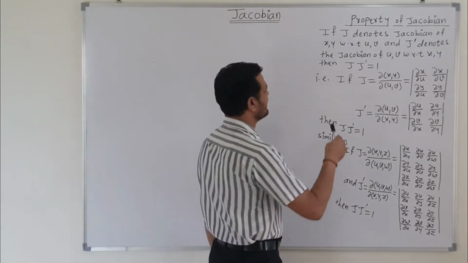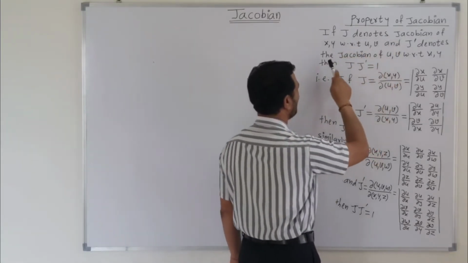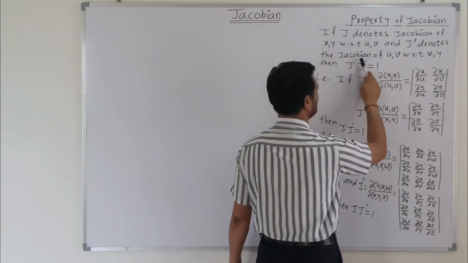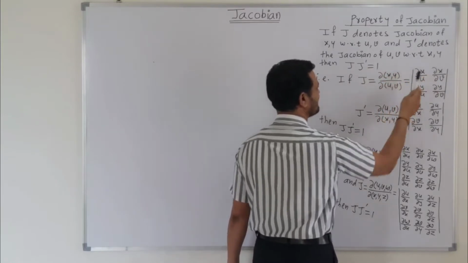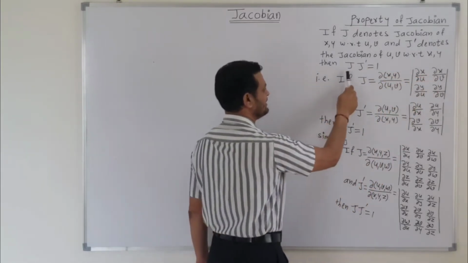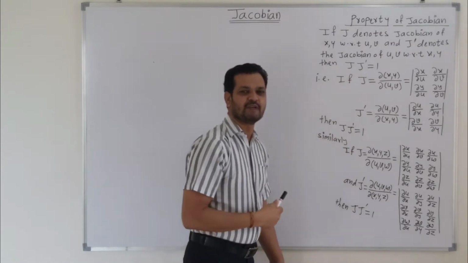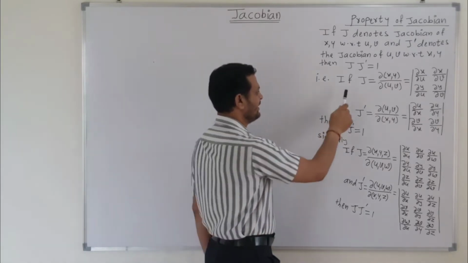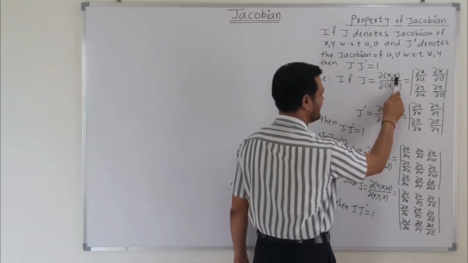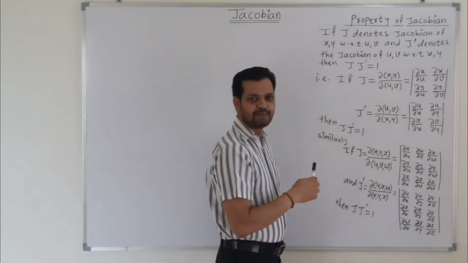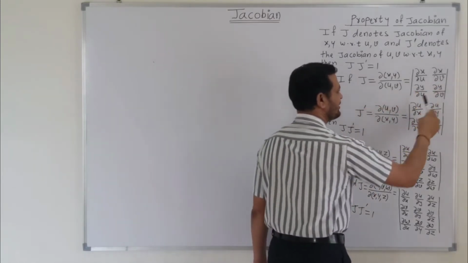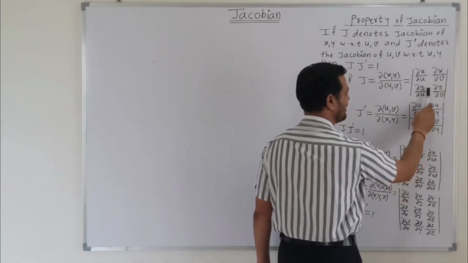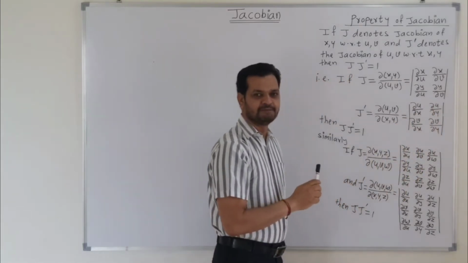This property says that if J denotes the Jacobian of x, y with respect to u, v, and J dash denotes the Jacobian of u, v with respect to x, y, then J into J dash is 1. This is one of the important properties of Jacobian. In mathematical notation, if J is the Jacobian of x, y with respect to u, v, then its definition is the functional determinant of the partial derivatives of x with respect to u and v, and of y with respect to u and v.